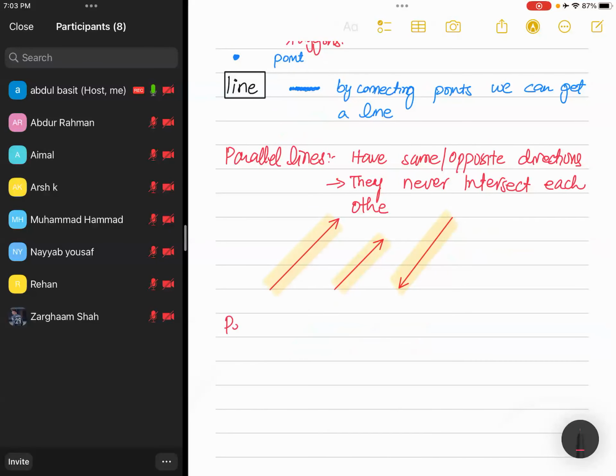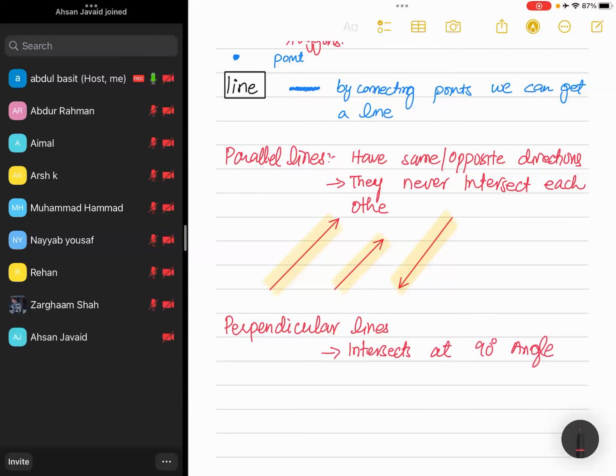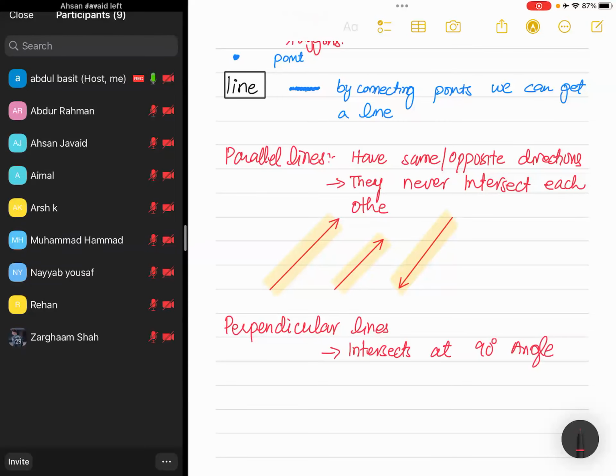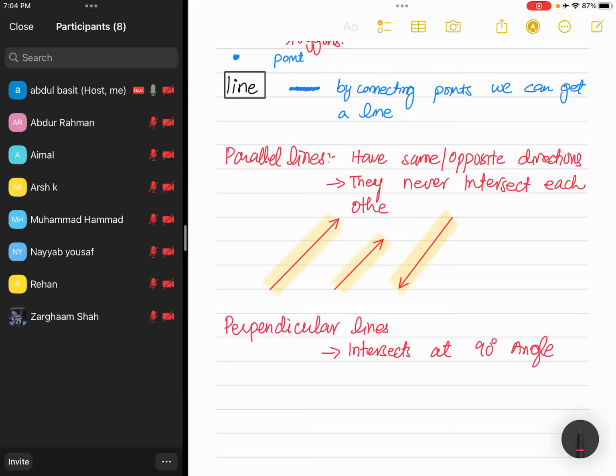Then we have the concept of perpendicular lines. Perpendicular lines: those lines which intersect at 90 degrees angle. जो 90 डिग्री एंगल के ऊपर इंटरसेक्ट करती हैं. बेटा साथ साथ लिखें. अच्छा, मैं जरा लाइट थोड़ी चेंज कर रहा हूँ एक्चुअली.